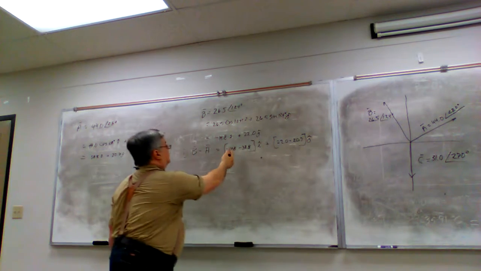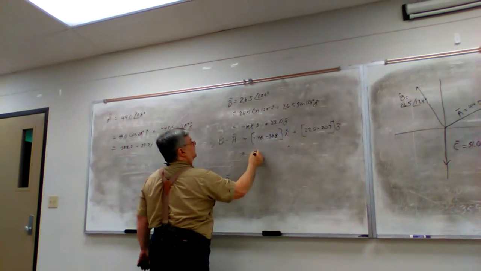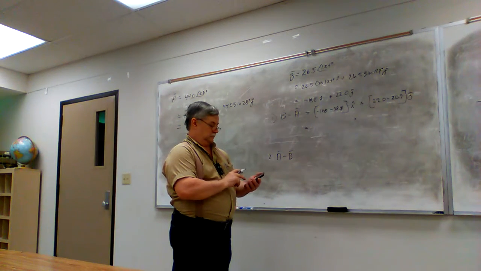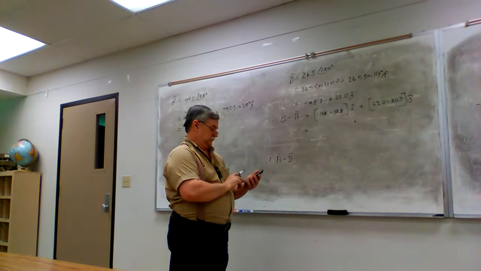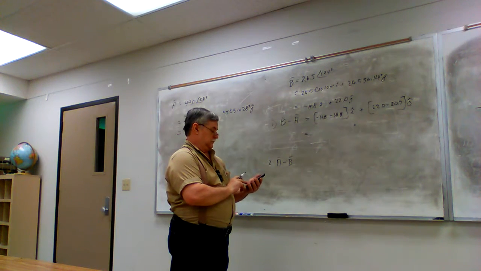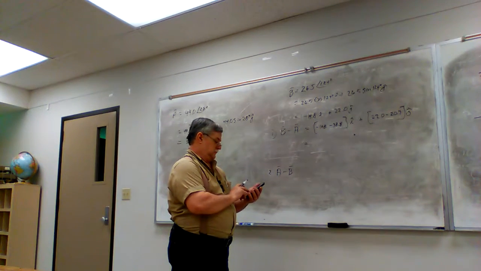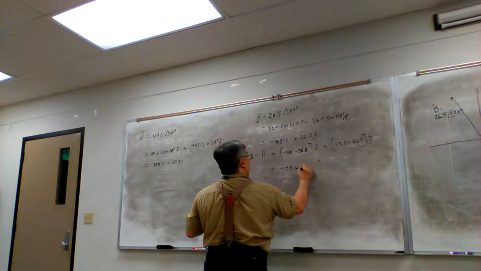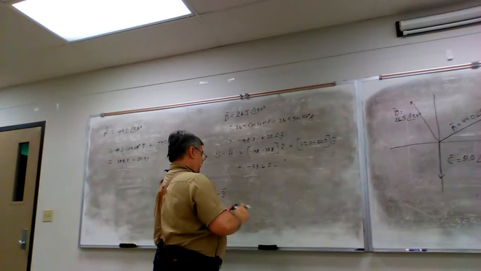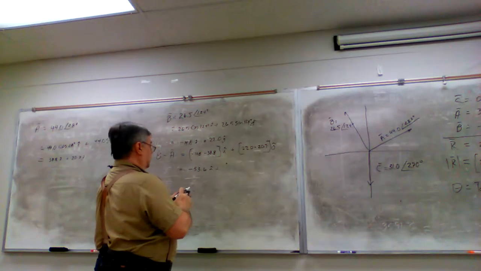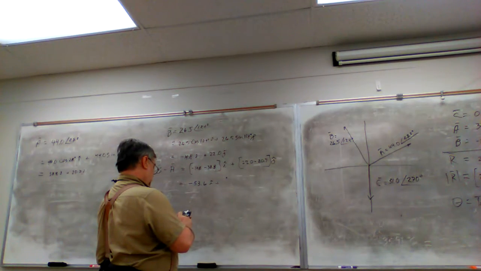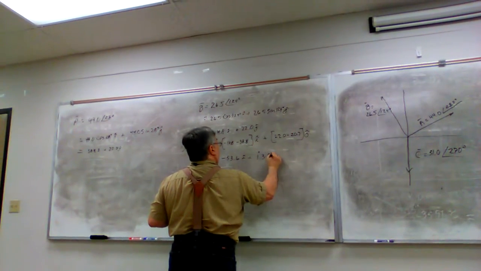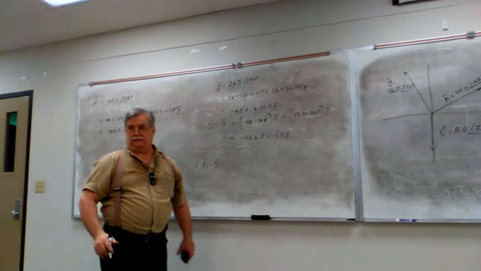Minus 14.8 minus 38.8, minus 53.6i plus 22.0 minus 20.7, 1.3j. That's B minus A.